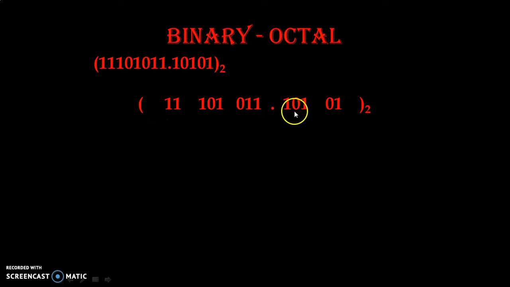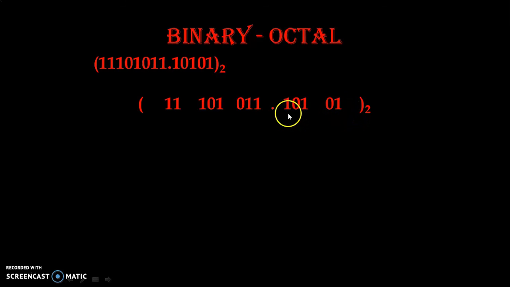Similarly, in the fractional number, we start making groups from left to right, right? So one group we have prepared, that is 101, and in the next group, that is 0, 1, we are having only 2 bits. So again we are short of 1 bit, so we have to add one more 0 at this stage.